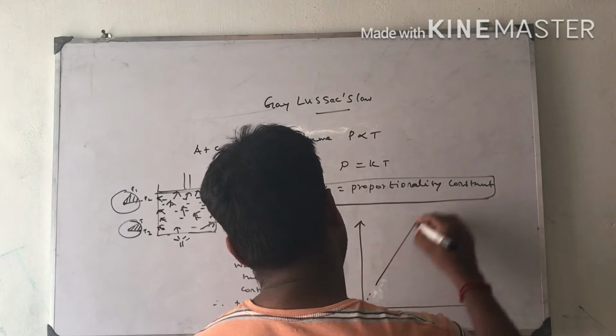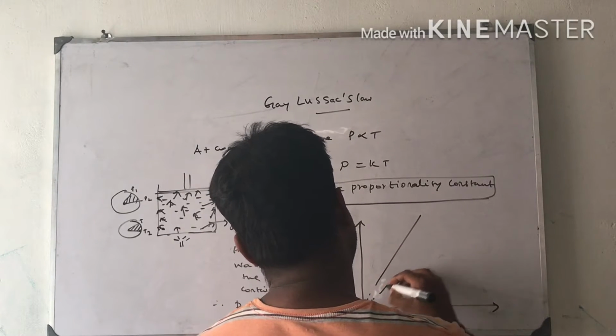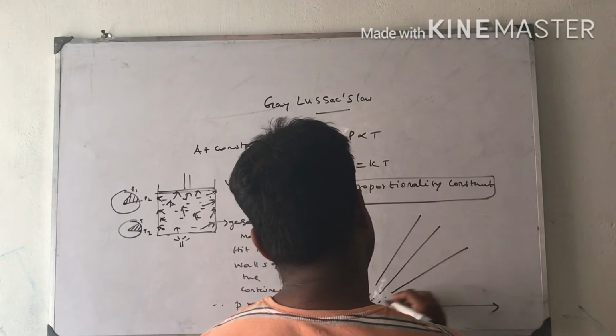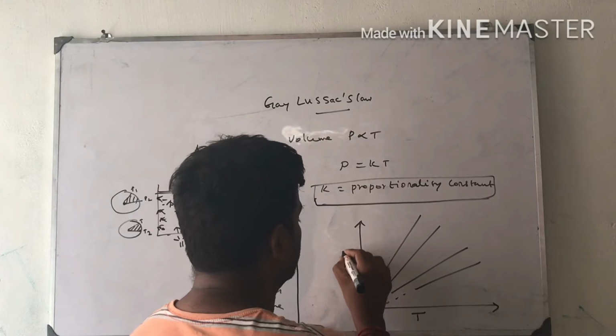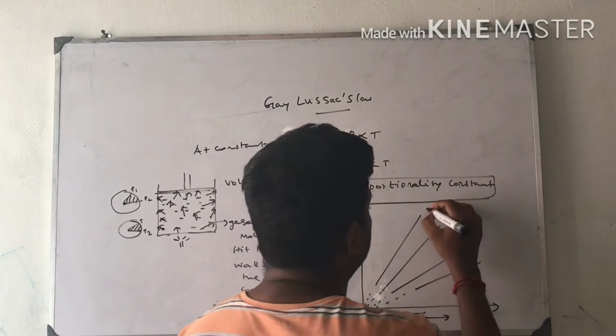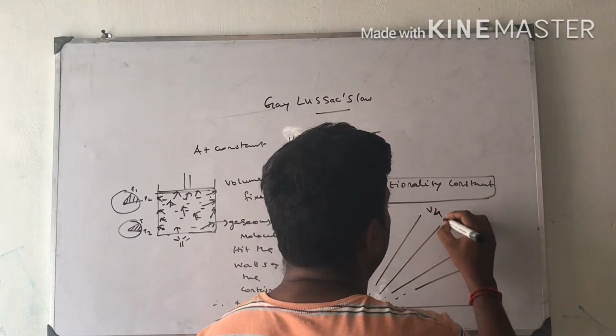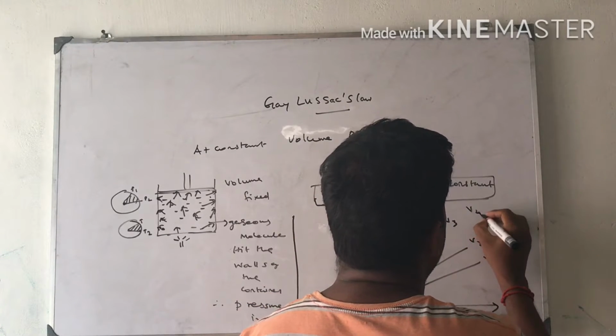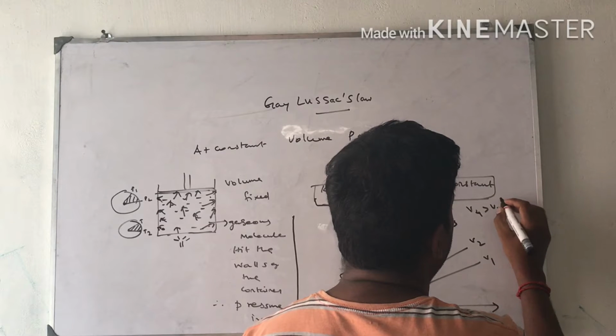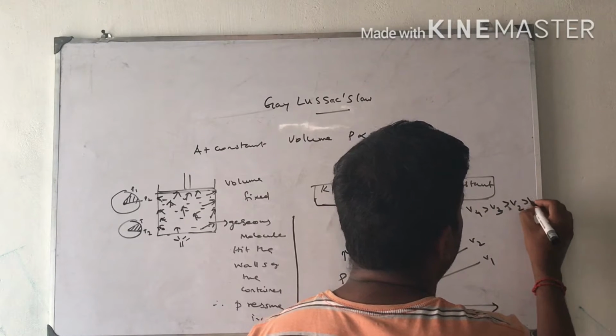Here, temperature on the x-axis, pressure on the y-axis, graph. This is V1, V2, V3, V4, where V4 is greater than V3, greater than V2, greater than V1.